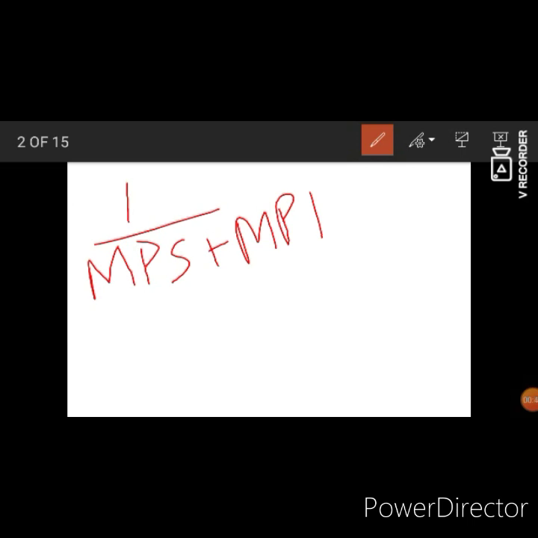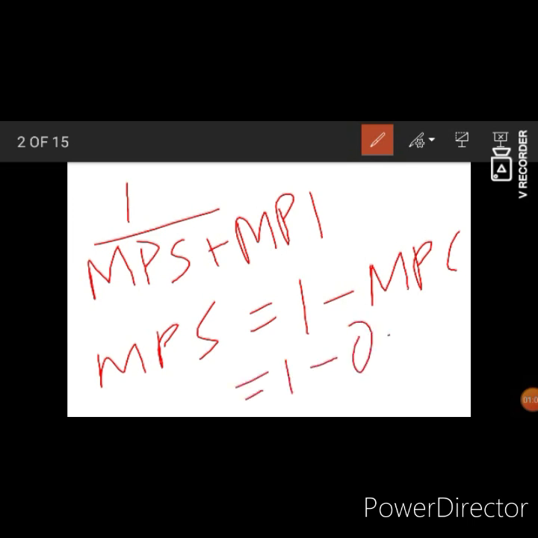So according to the question, the marginal propensity to consume is 0.7. We all know to find marginal propensity to save, that is MPS, the formula is MPS is equal to 1 minus MPC. So 1 minus 0.7 is 0.3.